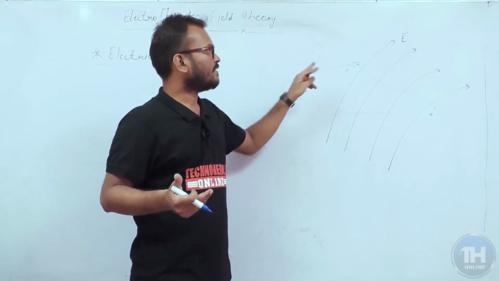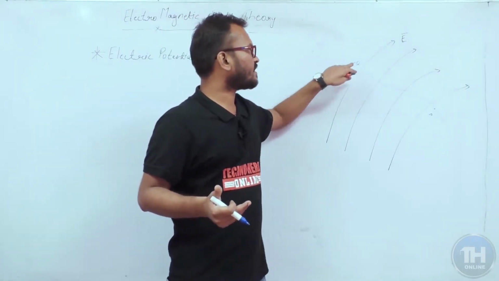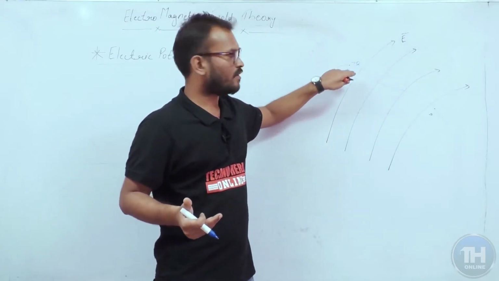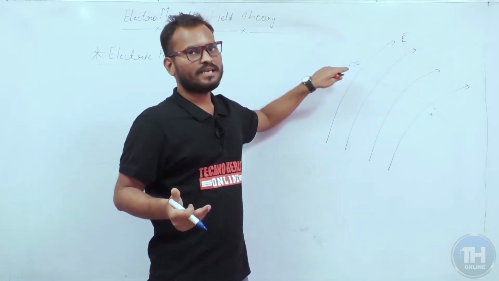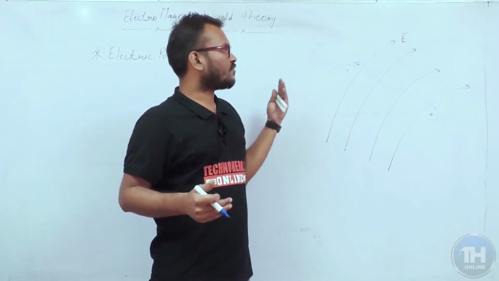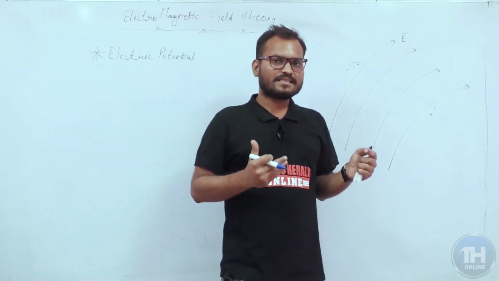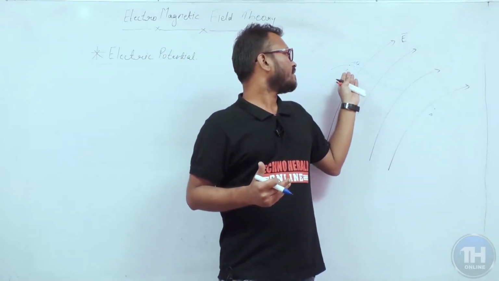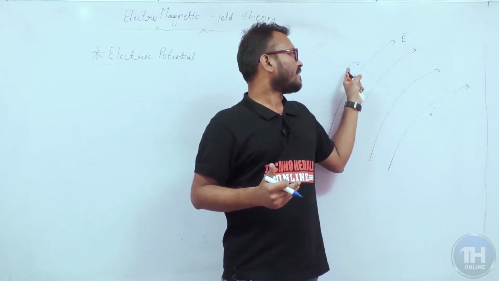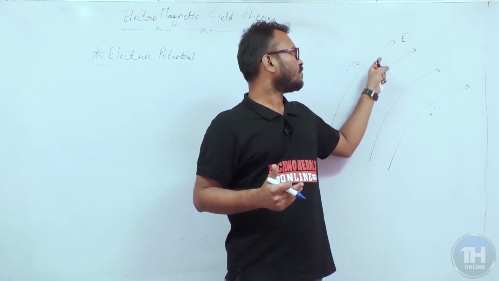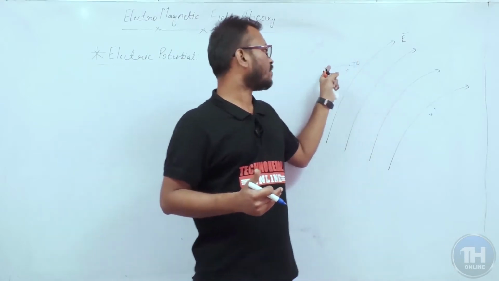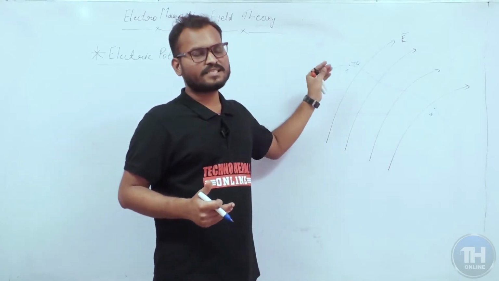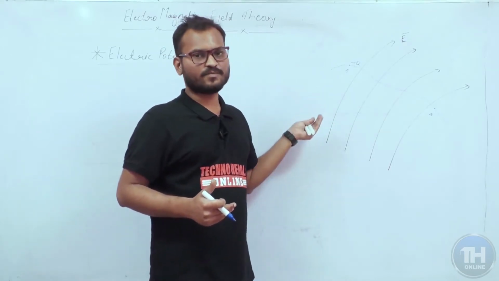This is because, due to the presence of the electric field, a force plus QE will act on this charge, and either it will assist its motion or it will restrict its motion.